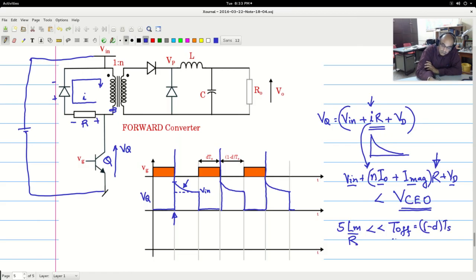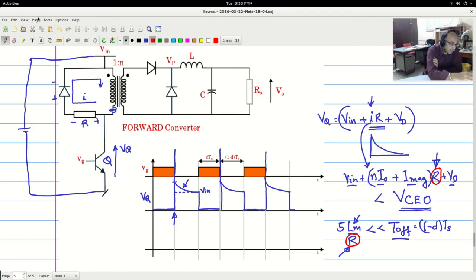So this is known, Lm is known from design of the transformer. This value can be estimated. So these two values from these two inequalities will give you a higher range and lower range, and based on these two, you should pick a value in between this range to satisfy your circuit requirements.